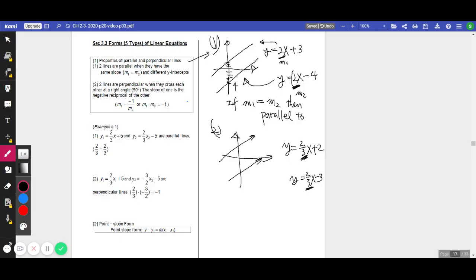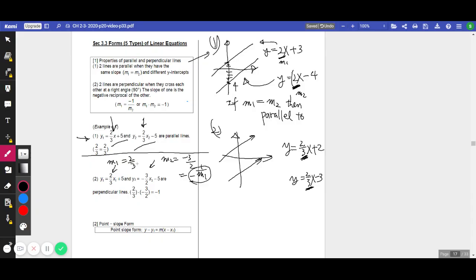Okay. So again, example one, number one, y1 equals 2/3 x plus 5 and y2 equals 2/3 x minus 5, they are parallel to each other because the slopes are the same. Now, second rule. The slope of one equation is 2/3, and the slope of the second one is negative 3/2, which is actually upside down of slope 1 with a negative.